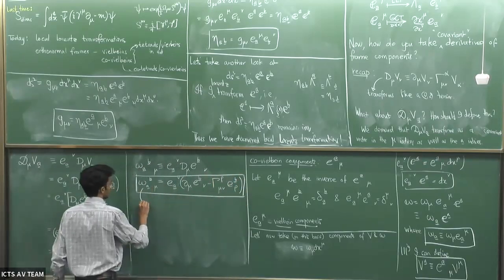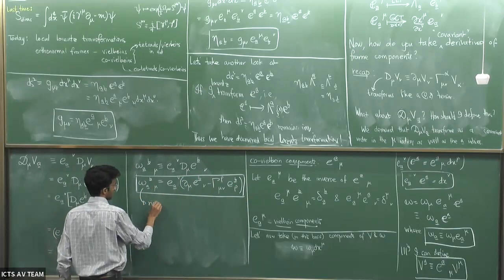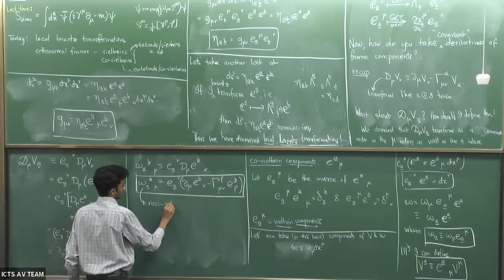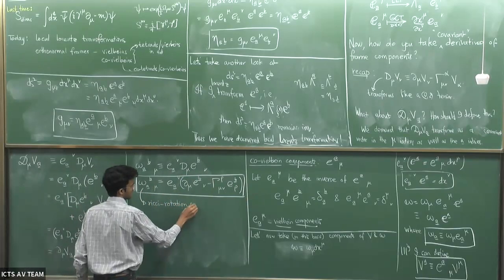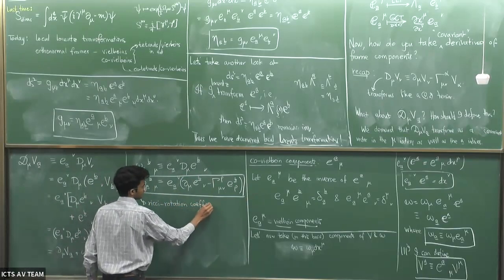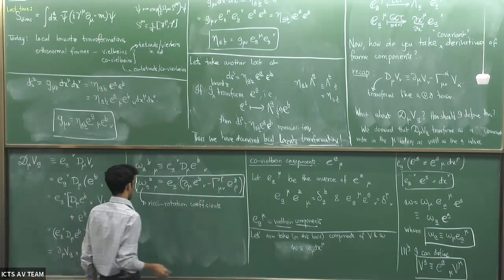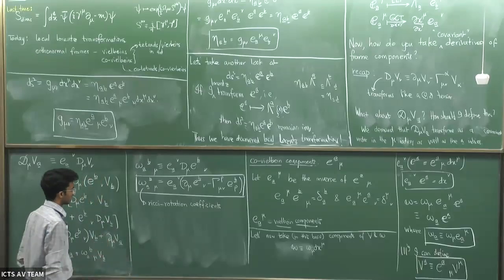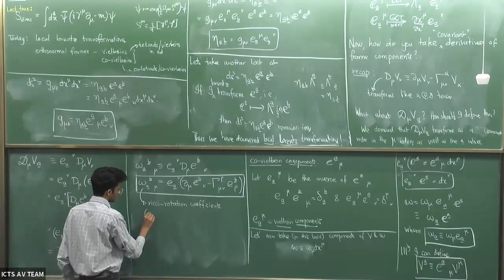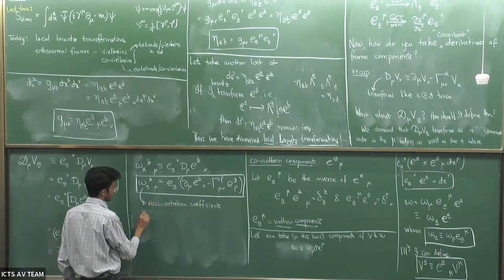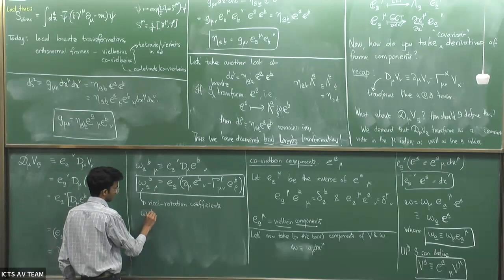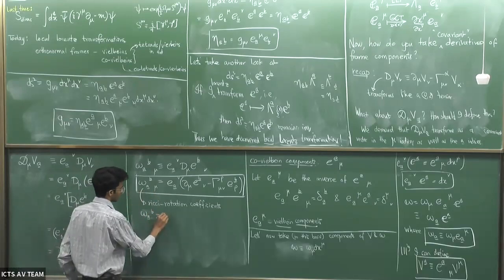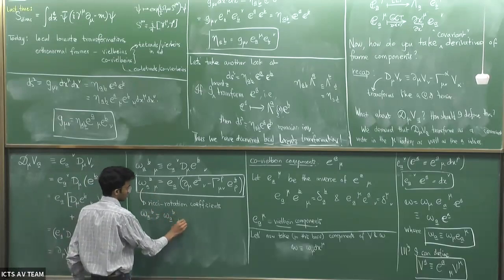And these are called the Ricci rotations. They're called many different names. Omega AB without this mu is called the... which is basically saying omega AB is defined as omega AB mu dx mu.